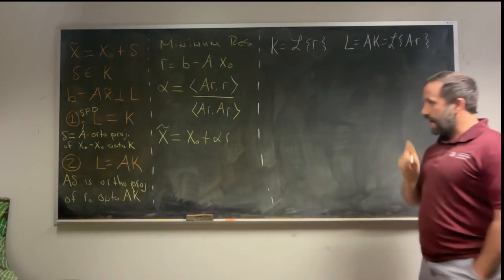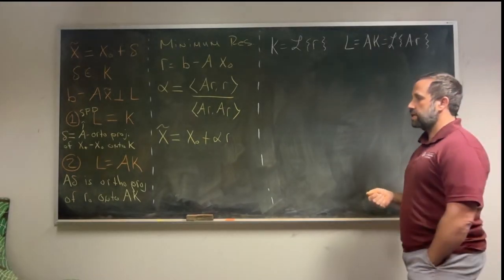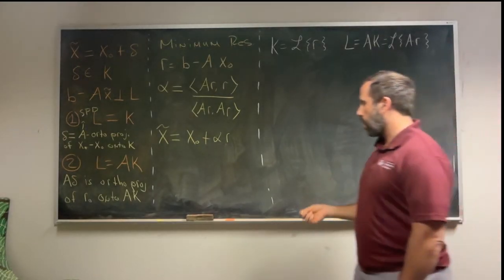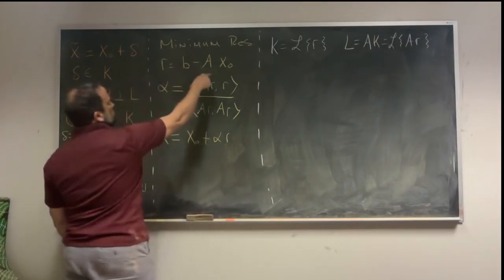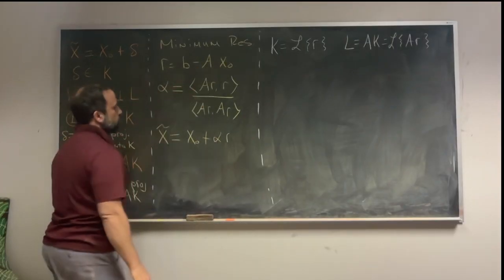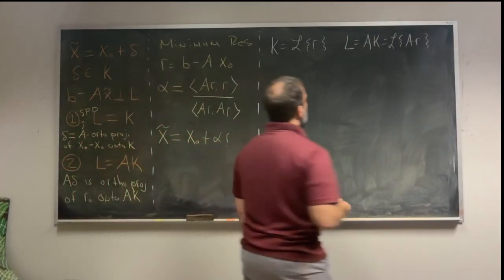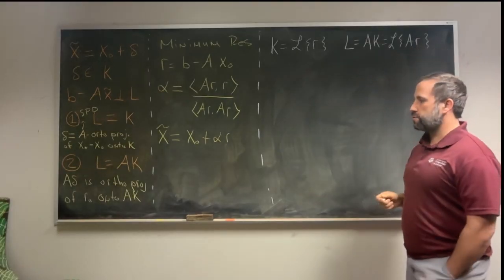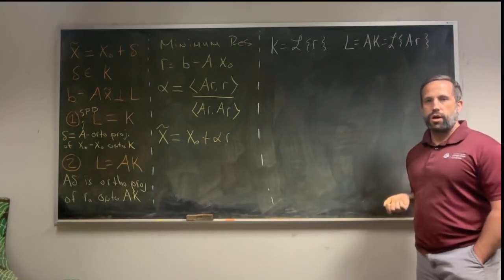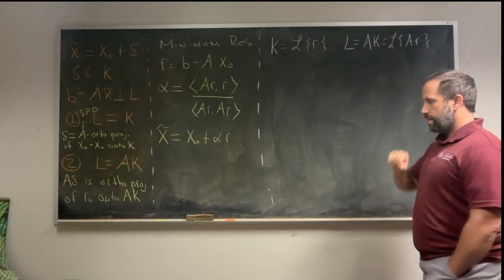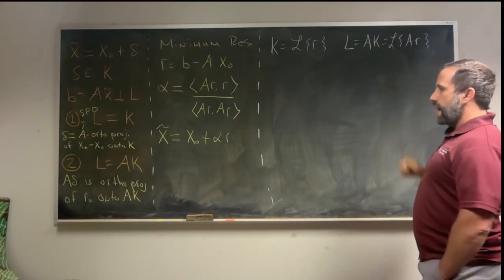And so this tells us A delta is the orthogonal projection of R onto AK. I'm calling this R, even though maybe it would be more consistent to call it R naught.